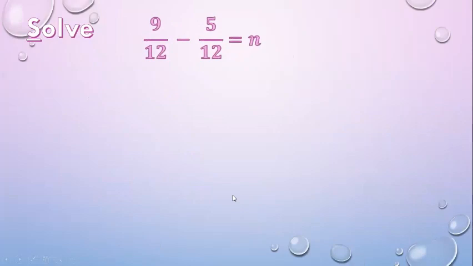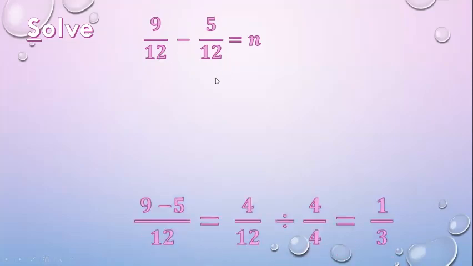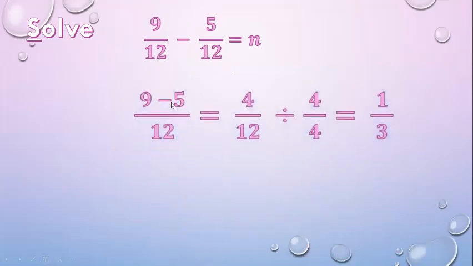Okay, we have here. What have you observed with the fractions? They are similar fractions. Very good. If they are similar fractions, we can perform subtraction directly. Directly, meaning we can directly subtract our numerators. But of course, we just copy the common denominator. So 9 minus 5, copy the common denominator, which is 12, equals 4 over 12.